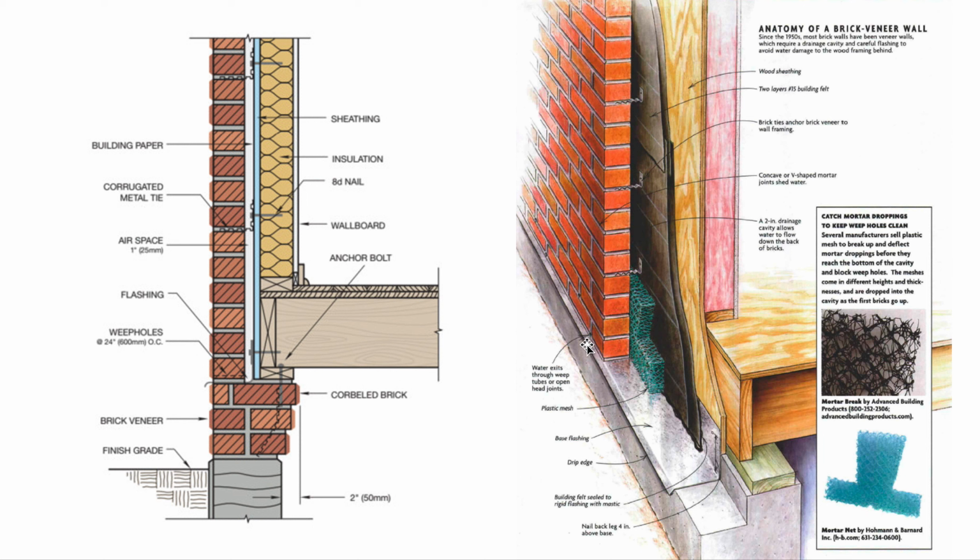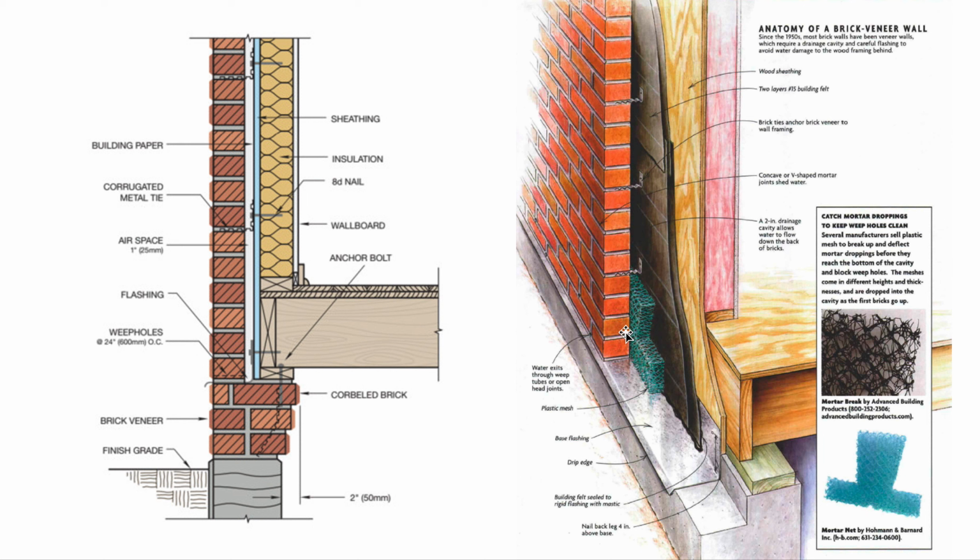We also have to drill weep holes, 24 inches on center. So you just drill those at the same place that you put the brick ties. And those allow any of the dew that has fallen inside the wall, on either the back of the brick or over the tar paper, to come down, wick down, and then drain out.